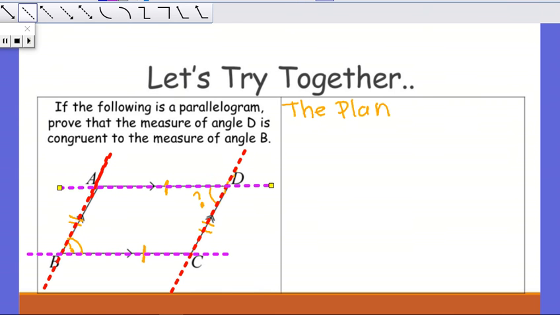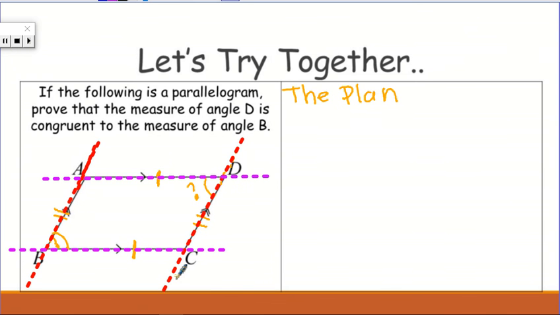So if you look here, this red line is a transversal to the purple line. This red line DC is a transversal to line AD, to the purple line. So what I do know is that this angle 1 is the same as this angle 1 down here because of alternate interior angles.